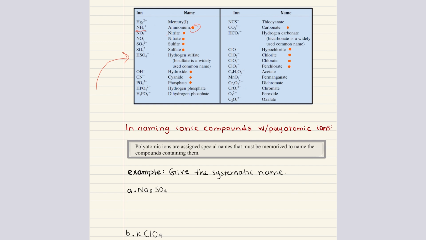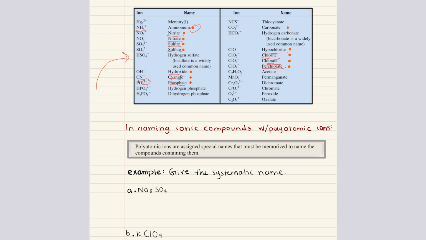We need to know that nitrite is NO2-, nitrate is NO3-, sulfite is SO3 2-, sulfate is SO4 2-, hydroxide is OH-, cyanide is CN-, phosphate is PO4 3-, carbonate is CO3 2-, hypochlorite is ClO-, chlorite is ClO2-, chlorate is ClO3-, and perchlorate is ClO4-.